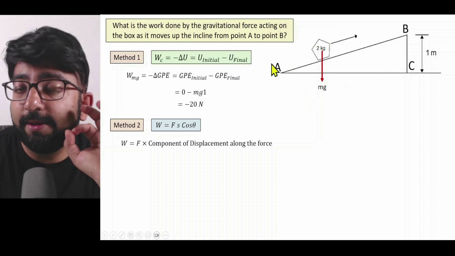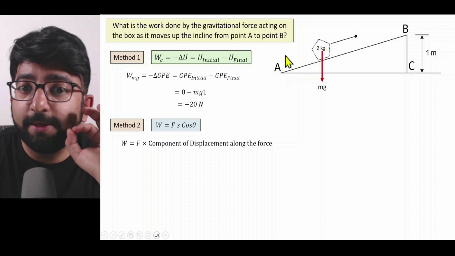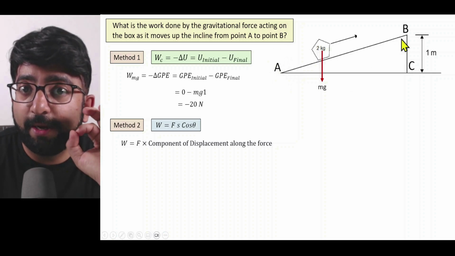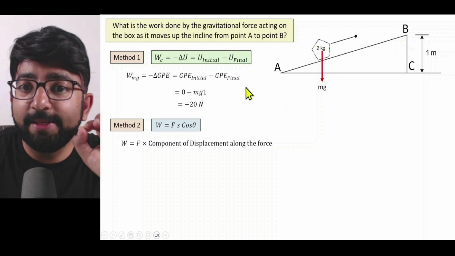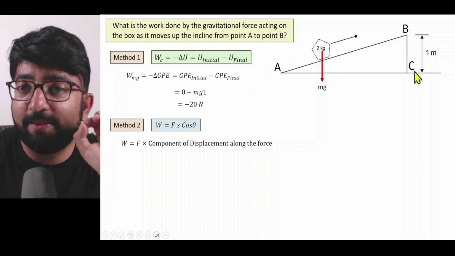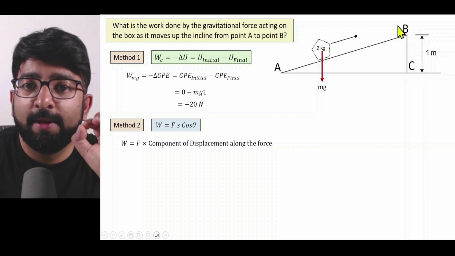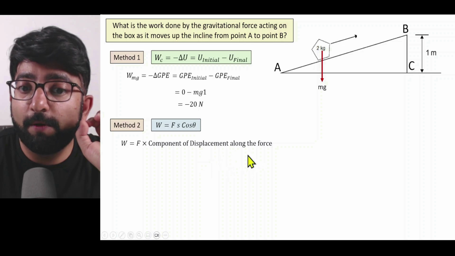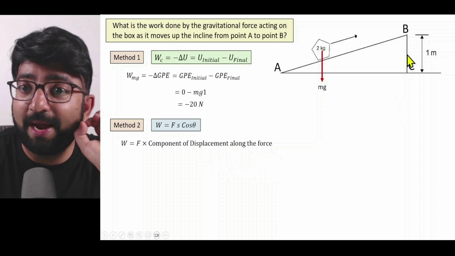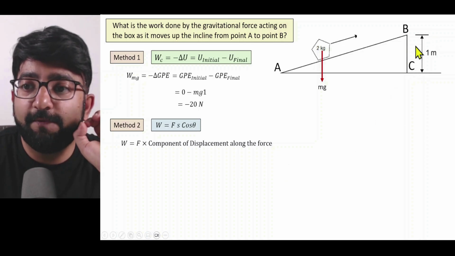Now, if we understand the total displacement, the object is going from A to B in a straight line, but in component terms, we can say that the object is going from A to C along the x-axis, and then the box goes from C to B along the y-axis. Now, since we have to find the component of displacement along the force, that component is BC, which is 1 meter.